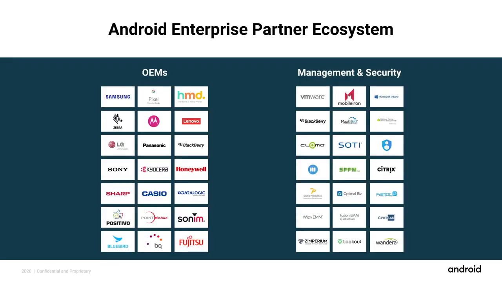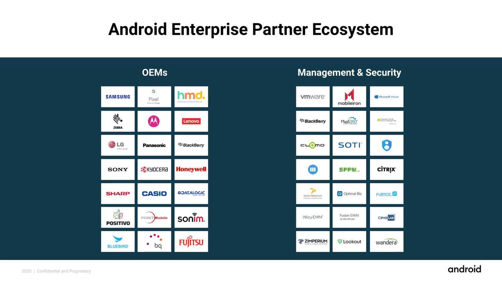So let's move a little bit further. Now that we have a standard way to manage those devices, Android is a diverse ecosystem. Many OEMs, again, Android Enterprise Security, standard across all of these devices. This is a small subset. And then those features that can be controlled in security have also been mandated in the management and security ecosystem.